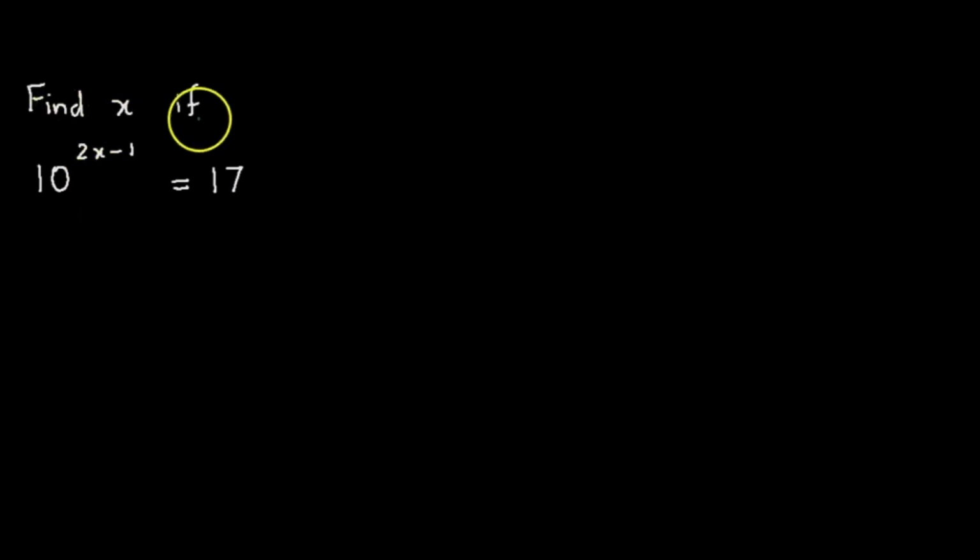Find x if 10 raised to 2x minus 1 is equal to 17. तो यहाँ पे हमें इक्वेशन दिया है 10 raised to 2x minus 1 is equal to 17. अब ये जो x टर्म है ये पावर में है, तो इसे नीचे लाने के लिए we will take log on both the sides.